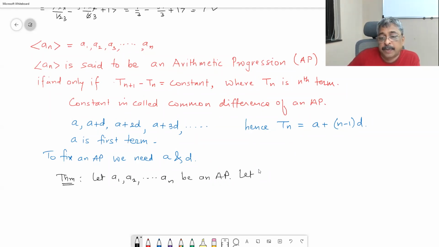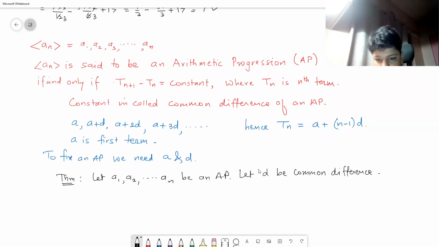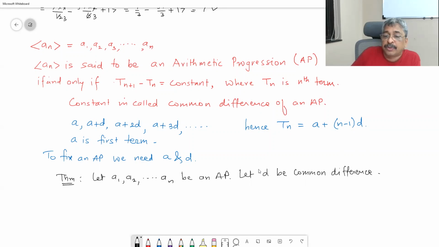Let D be the common difference of the AP. I have written it, you read this, na?